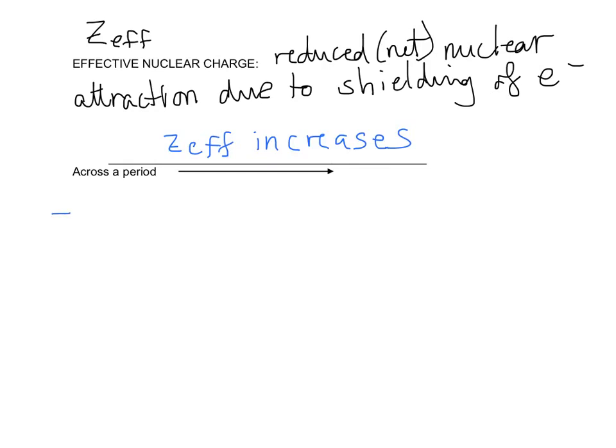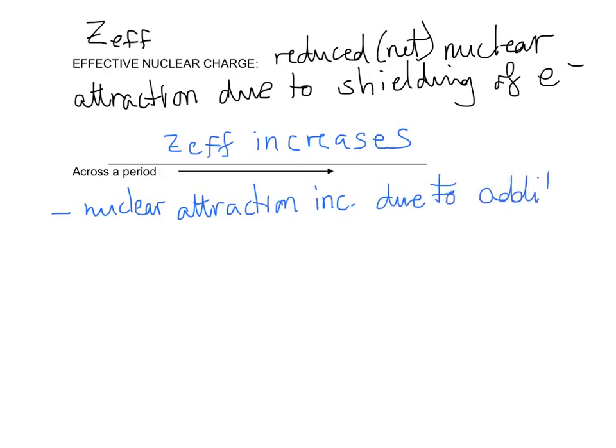And so Zeff increases because the nuclear attraction increases due to the addition of protons. The number of protons increases, so your nuclear charge increases, so the attraction increases, basically, that's what we're saying.